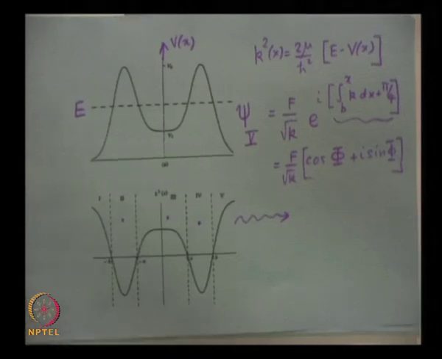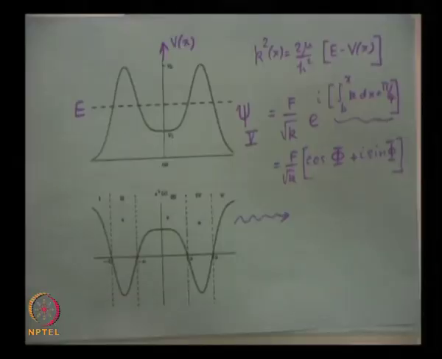It is a very systematic process, very straightforward process, and I would urge all of you who want to learn the tricks of using the connection formulae to work this out yourself. It will help you to use the JWKB approximation with tremendous efficiency and simplicity.